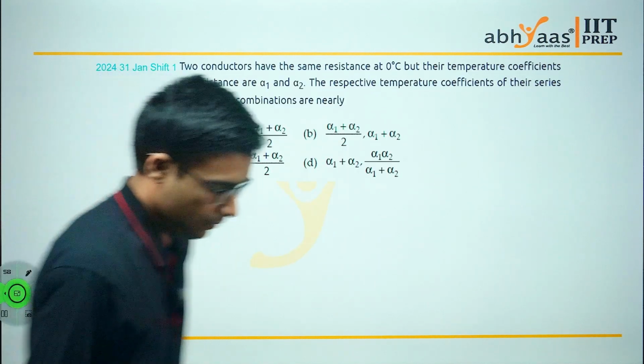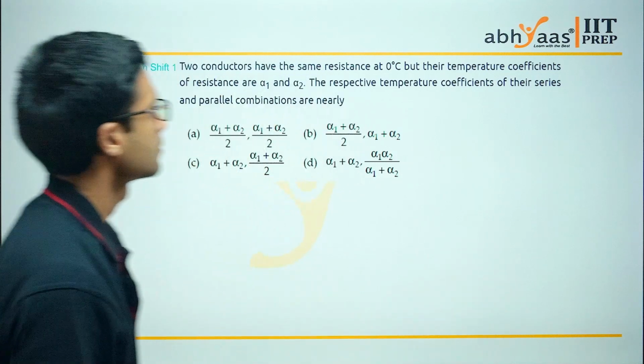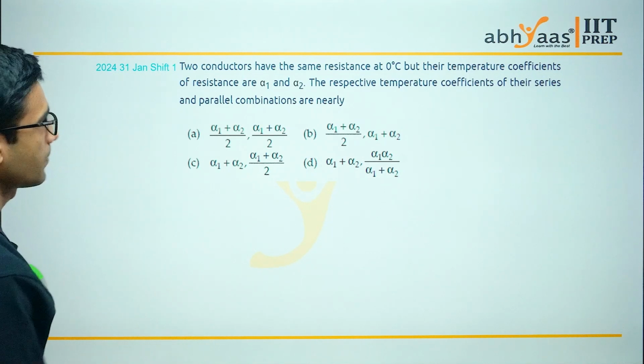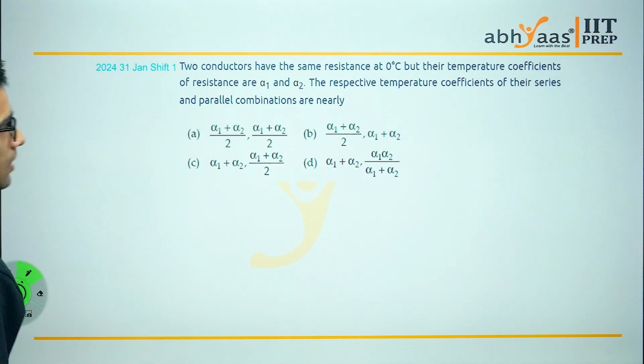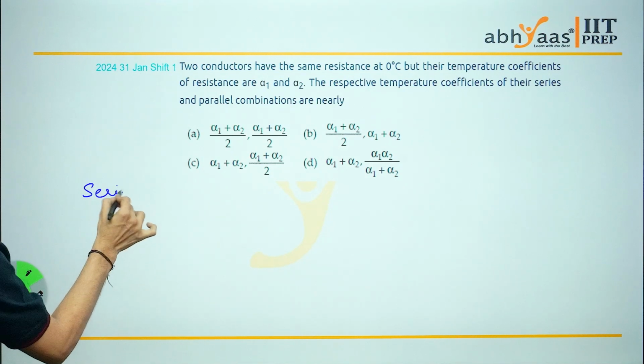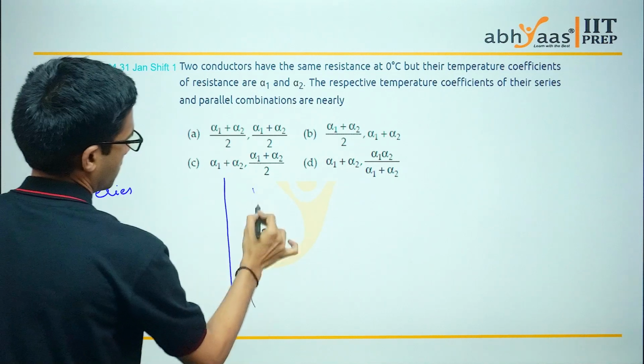Here we have a combination of resistances. Initially we have 2 conductors, a combination of conductors, with given temperature coefficients, and 2 resistances are there. First, let's do series, then parallel.